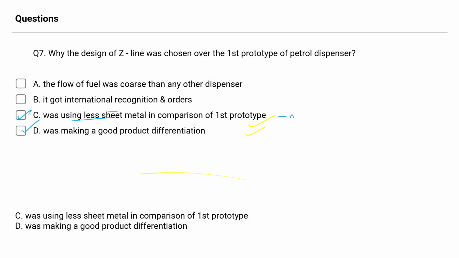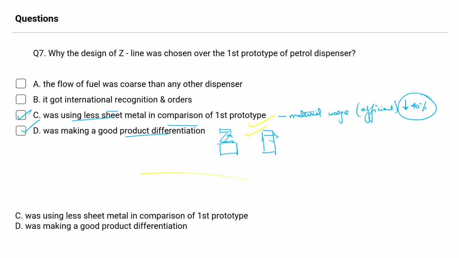So we are talking about material usage, or rather efficient use of materials. So it was lesser, 40% lesser. And it was a good product differentiation. So design was strikingly different. People were relating to it. They found great interest in it. And it was very, very different from the usual box type petrol pump which the people had seen in the market.